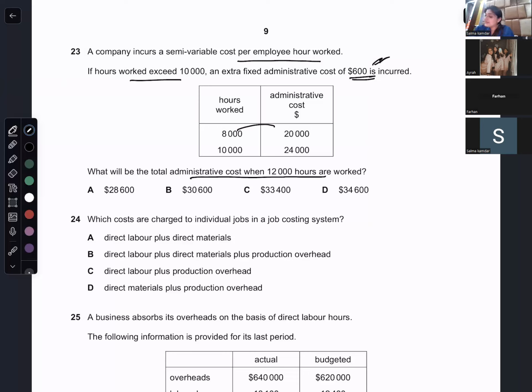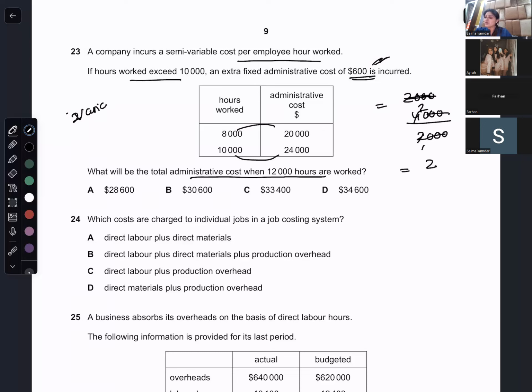When I work 10,000 hours, the cost is 24,000. The difference in hours is 2,000. The difference in cost is 4,000. So what is the ratio coming up to? 2. So 2 is the variable cost.